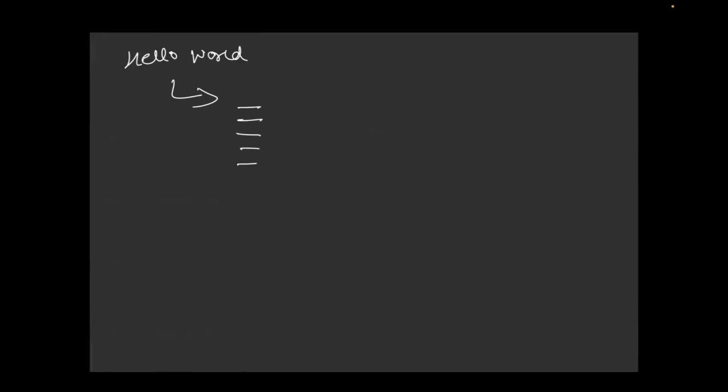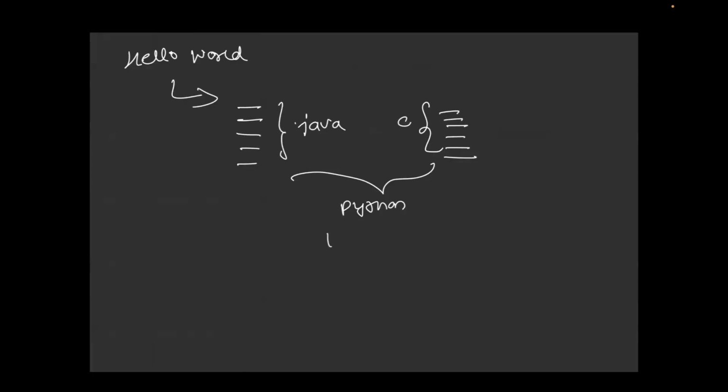In C, C is also a language, guys, I need to write, let's consider, the same 5, 6 lines of code. But if I map this in Python, I'm just writing 1 line of code, only 1 line.